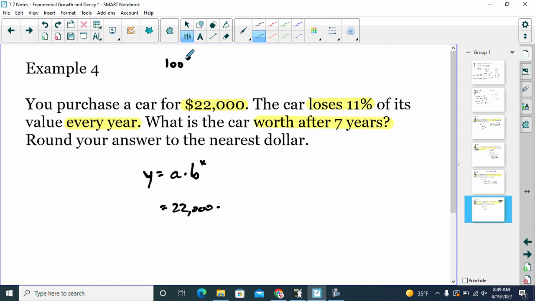It starts with 100% and it's losing 11%. 100 minus 11 is 89. We should be keeping 89% of its value every year. Decimal point's right there. Move it 2 places to the left. We get 0.89.